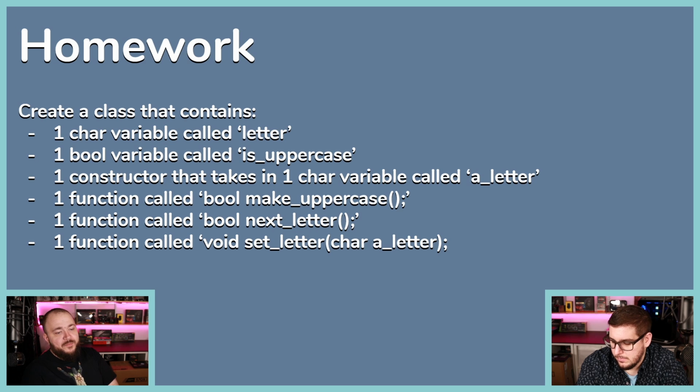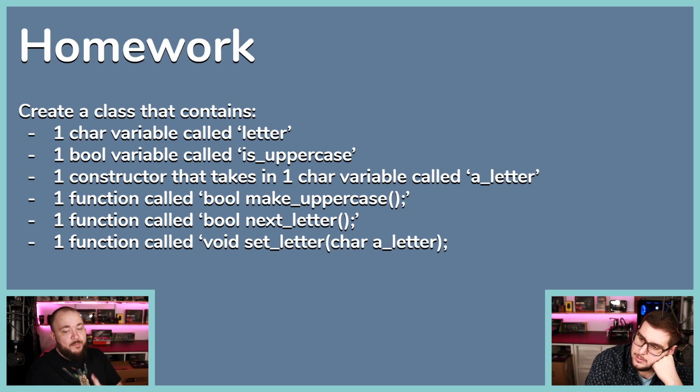Then you would have one function called bool make uppercase, one function called bool next letter, and one function called void set letter, so you can set the letter again.